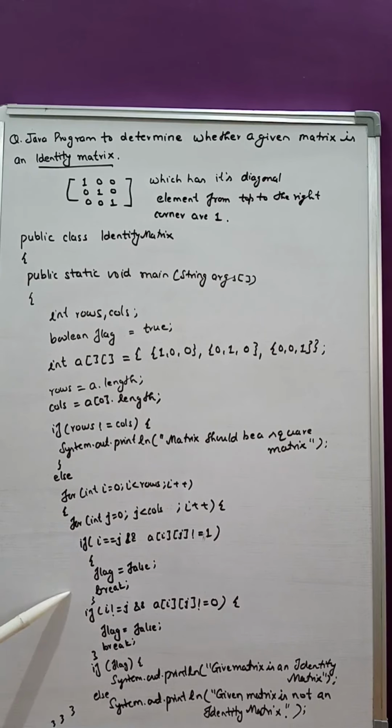One more case is there. We have checked whether the diagonal elements are equal to 1 or not, but we also have to check that all the non-diagonal elements should be equal to 0. So for that we have checked the condition, and see, this 0 has a different value.